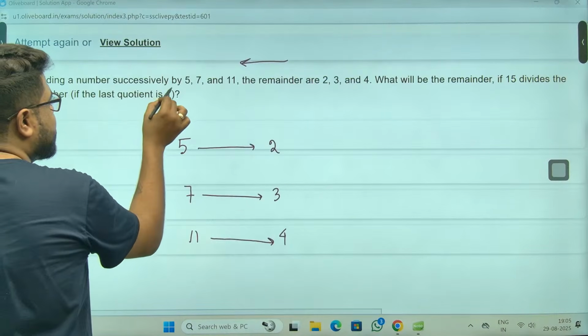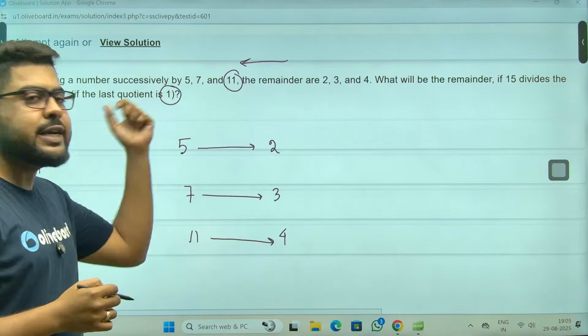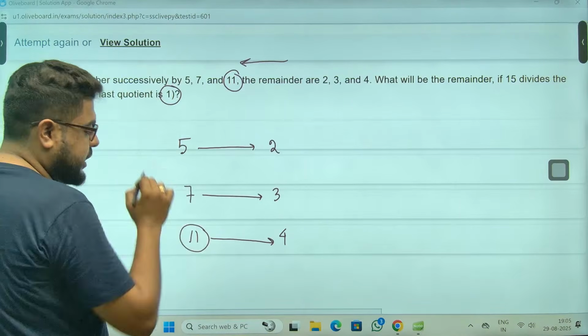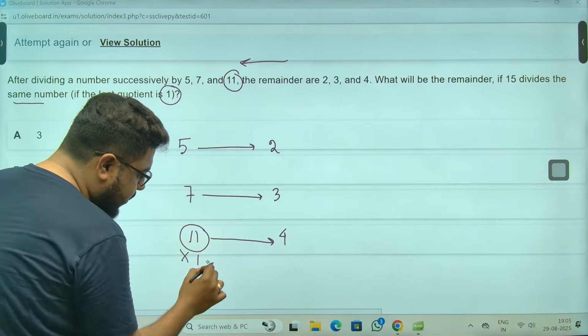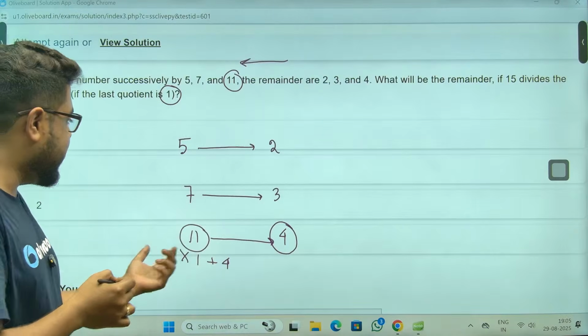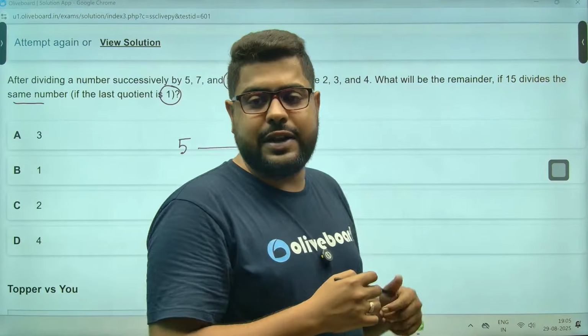Last quotient is 1. I told you, you start from the last one. So the quotient is given, and this is the divisor. Divisor into quotient plus remainder will give you the dividend for the next one.